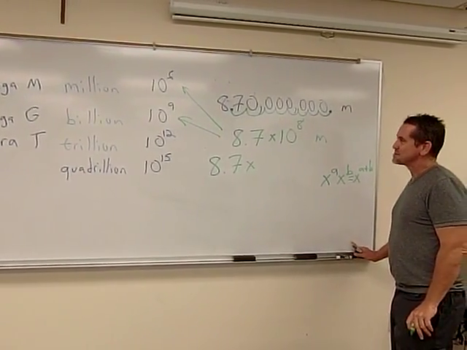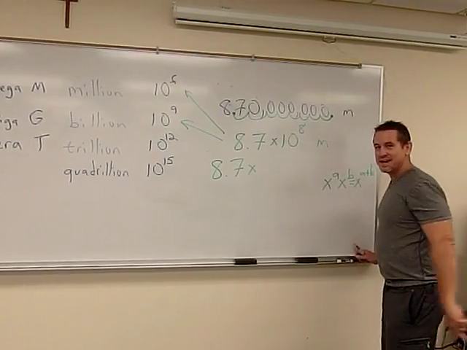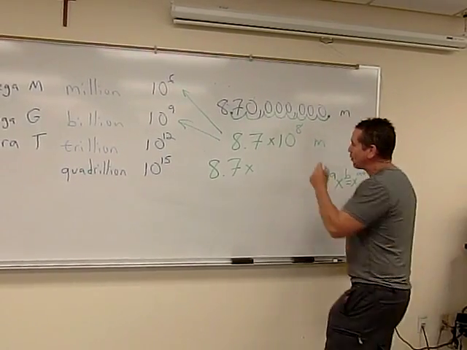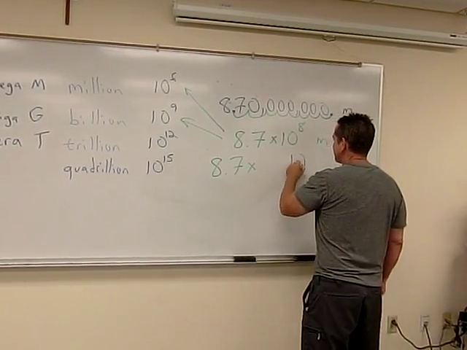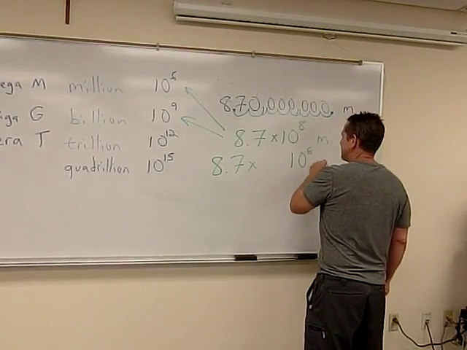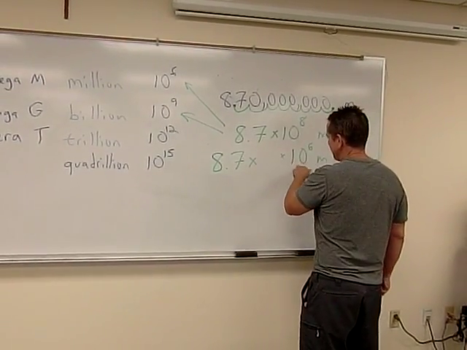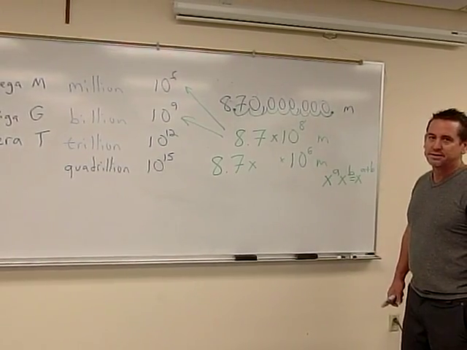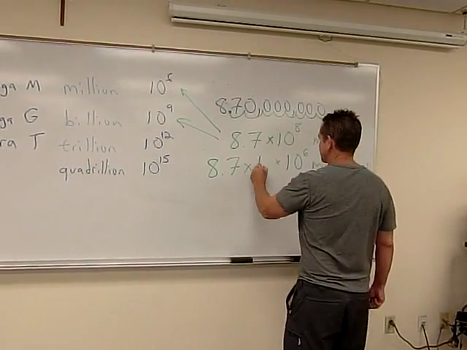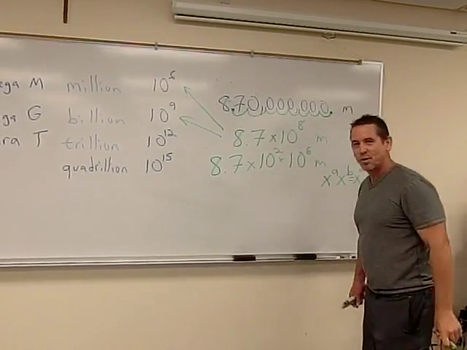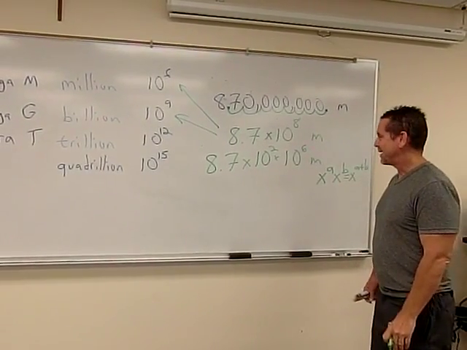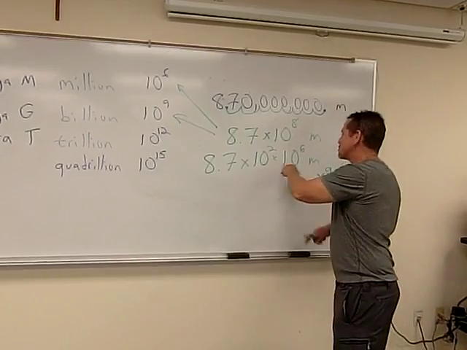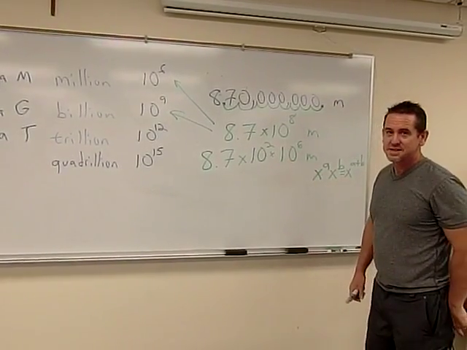So I'm going to take this 10 to the 8th, and I want to get a 10 to the 6th in here. So if I want a 10 to the 6th, what else do I need to make that work out? 10 to the 2. 10 to the 2, exactly. You see? So if I break it up that way, 10 to the 2 times 10 to the 6th is 10 to the 8th.